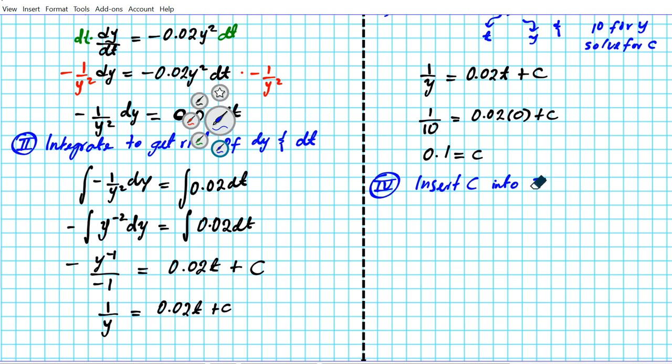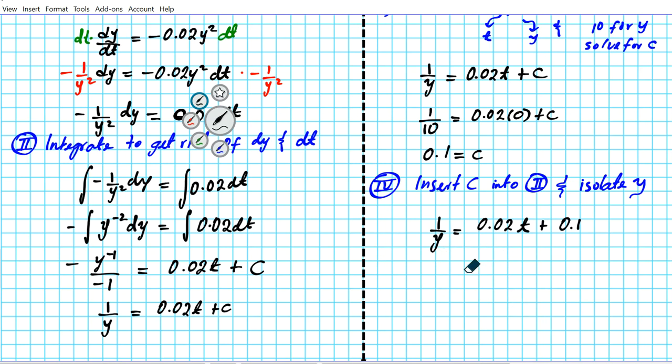Insert c into 2 and isolate y. Remember to isolate y, okay? Insert c into 2 and isolate y. All right, so let's carry out the insertion. We're going to have 1 over y equals 0.02 t plus c, which is 0.1.